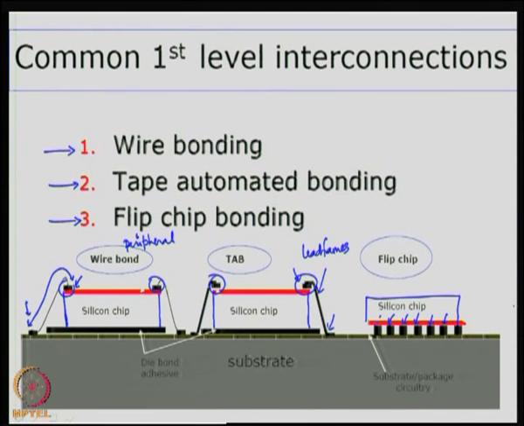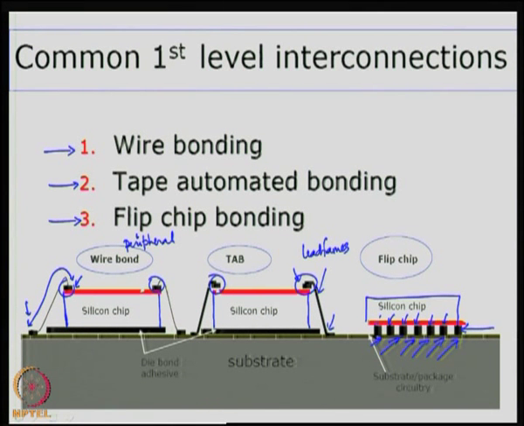That is why it is known as a flip chip, and the connections are established by registering perfectly the bond pads on the die with the bond pads that you have to generate on the substrate. So, interconnection is established in this way.